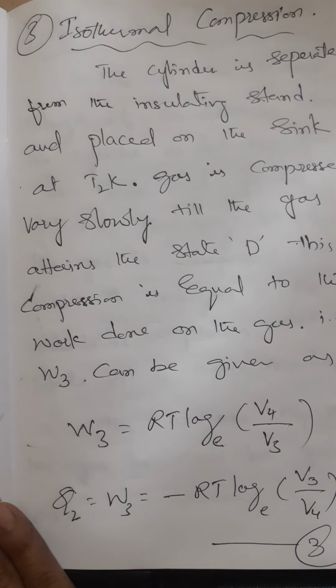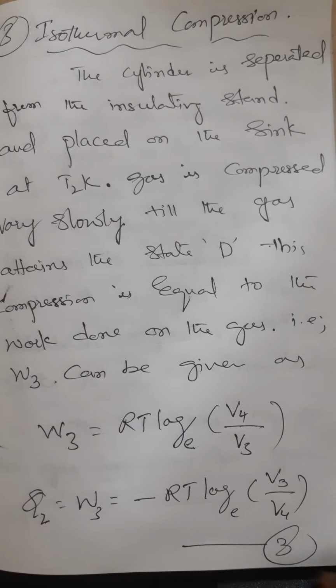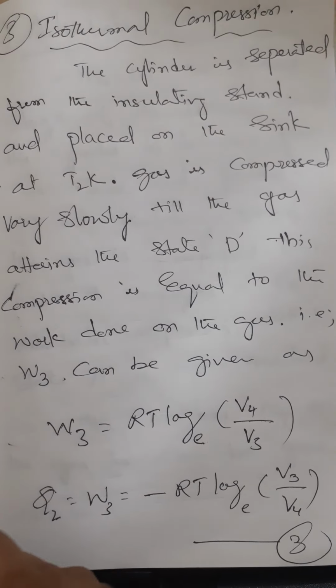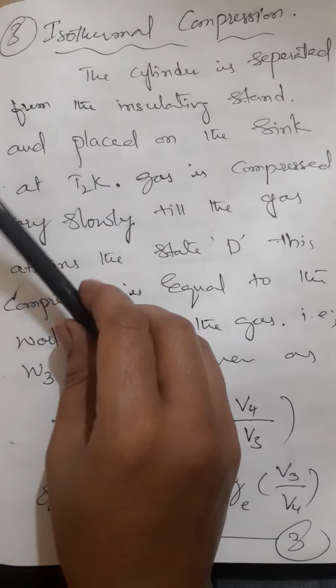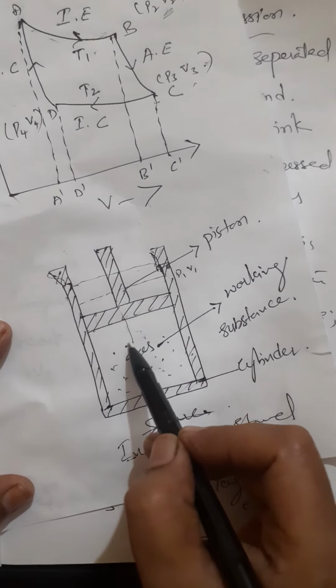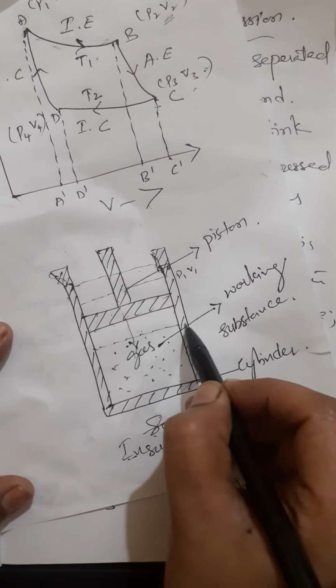Now come to the third point, that is isothermal compression. Isothermal means the temperature again remains constant. Now the piston is moved in the downward direction.